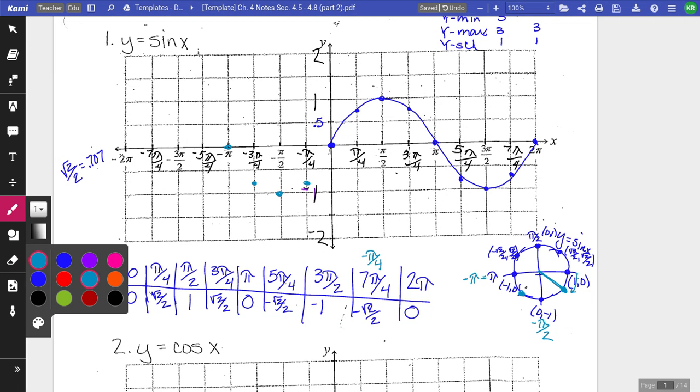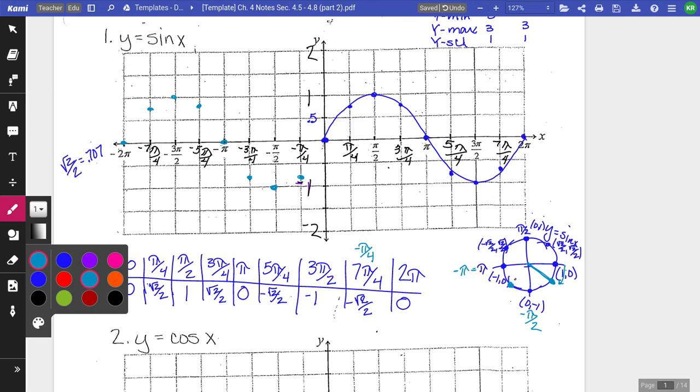Negative 5 pi over 4 is going to be a positive root 2 over 2. Negative 3 pi over 2 is a positive 1. Negative 7 pi over 4 is a positive root 2 over 2. And at negative 2 pi, you've completed another rotation of your circle, which takes you back to 0.